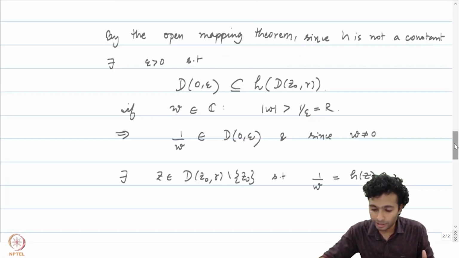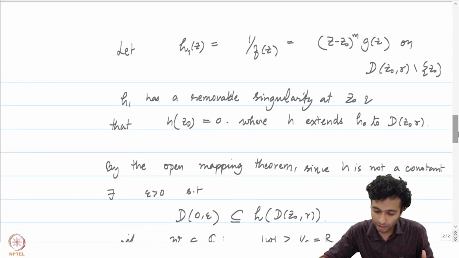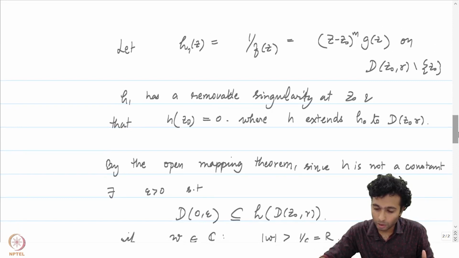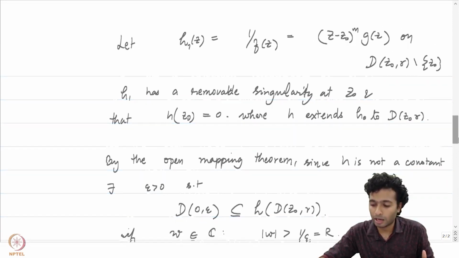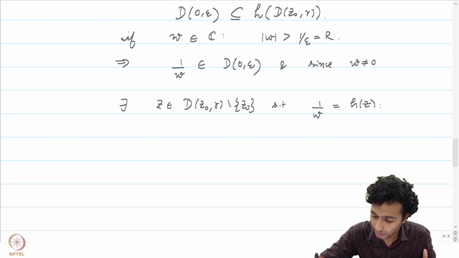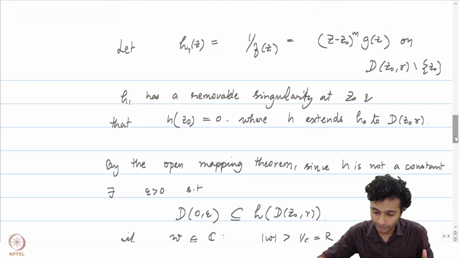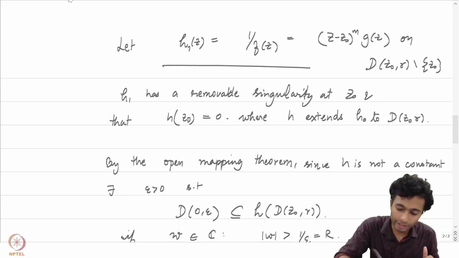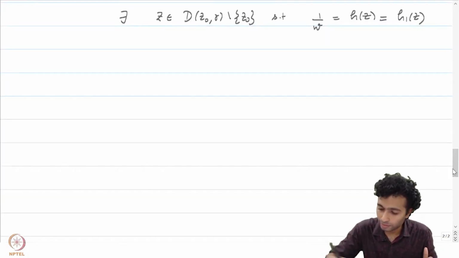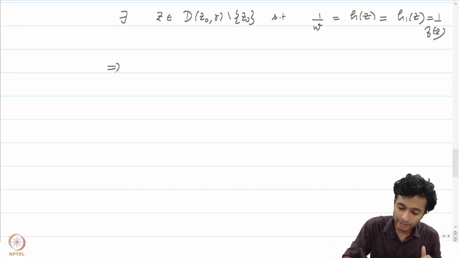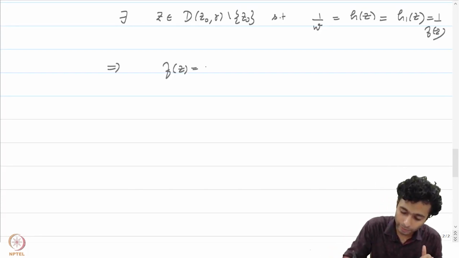But now let's go back to the definition. What was our h? Away from z0, h is nothing but h1(z). And what was h1(z)? h1(z) is just 1 by f(z). So this is going to be equal to 1 by f(z). This implies that f(z) is equal to w.